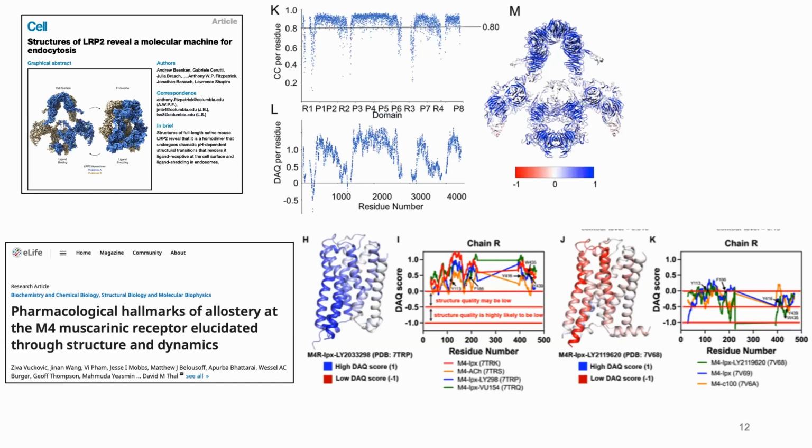In that case, the DAQ score says 0. 0 means I don't know. I cannot distinguish whether this is good or bad. But this is reasonable, because the density map itself does not have information about the residue type or atom information.